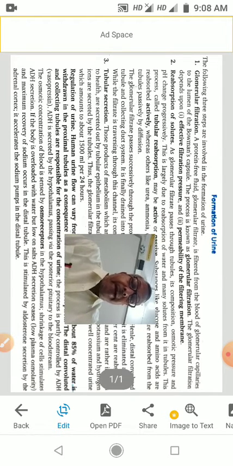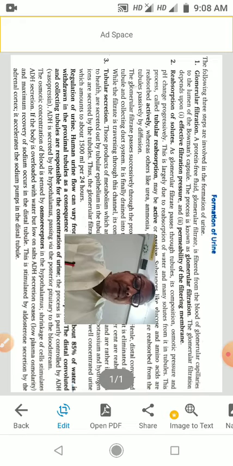Now filtrate passes into the distal convoluted tubule. There is reabsorption of water, sodium ion, and chloride ion. Then filtrate will enter the collecting duct. In the collecting duct there is also reabsorption of water and sodium ion.